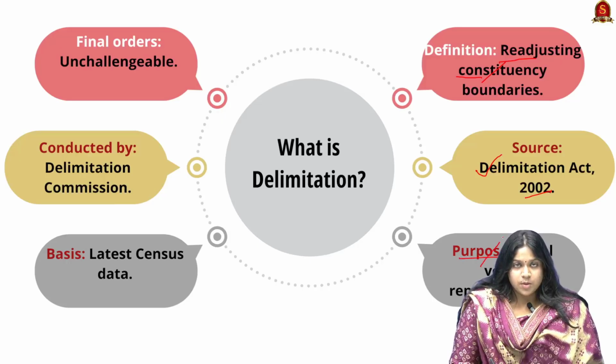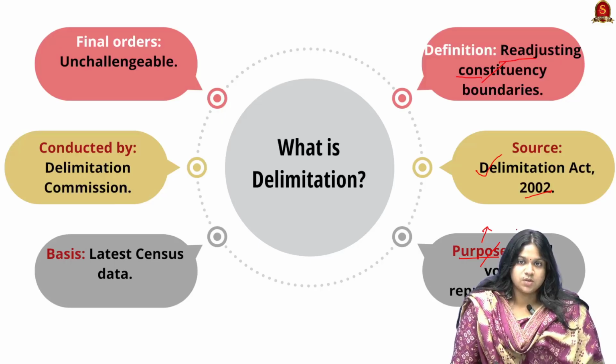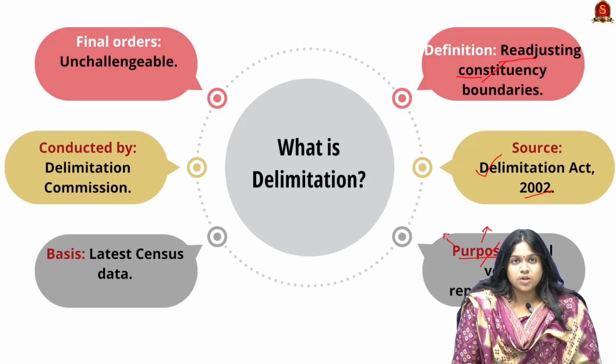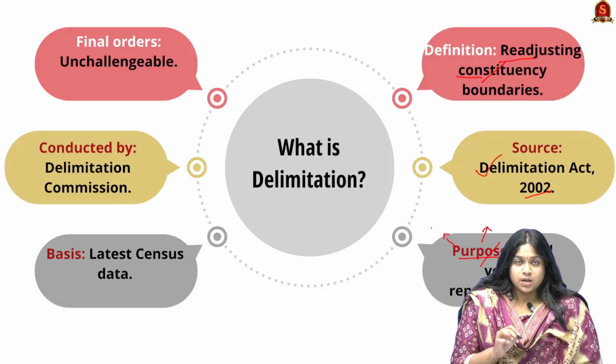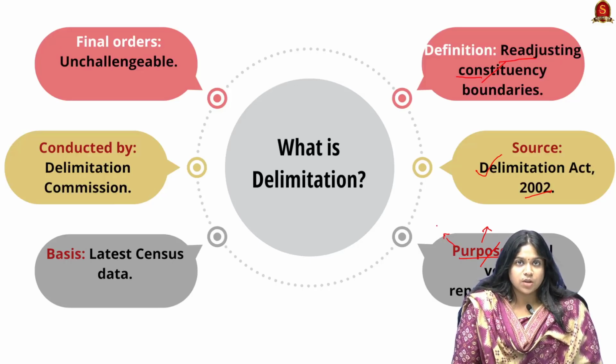The main purpose of delimitation is bringing in equal voter representation according to the population, and having population control as well, so there is equal representation for each constituency.